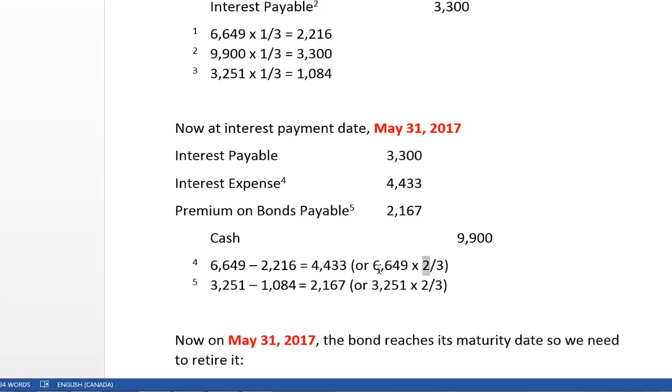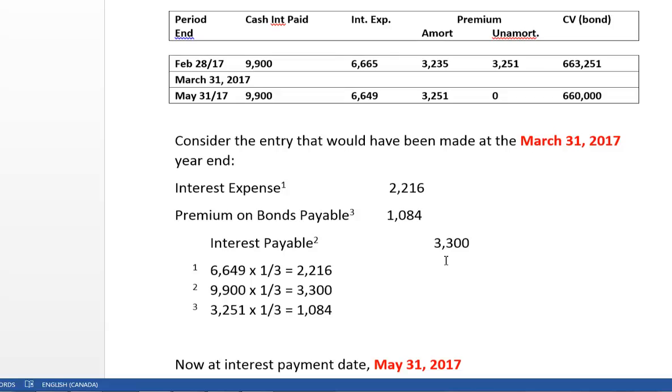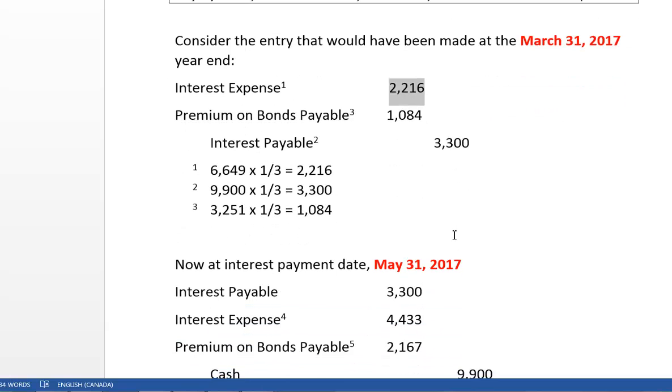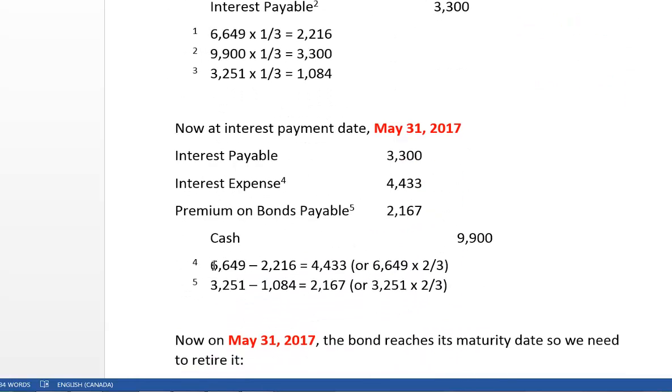So you could take $66.49 times 2/3, or what some students might do is say, well, if I had $66.49 to expense over 3 months, and I've already expensed 1 month of it, $22.16, the difference must be what I need to expense at May 31st for the last 2 of the 3 months in the quarter. Some students might just do it like this and come up with the same answer.